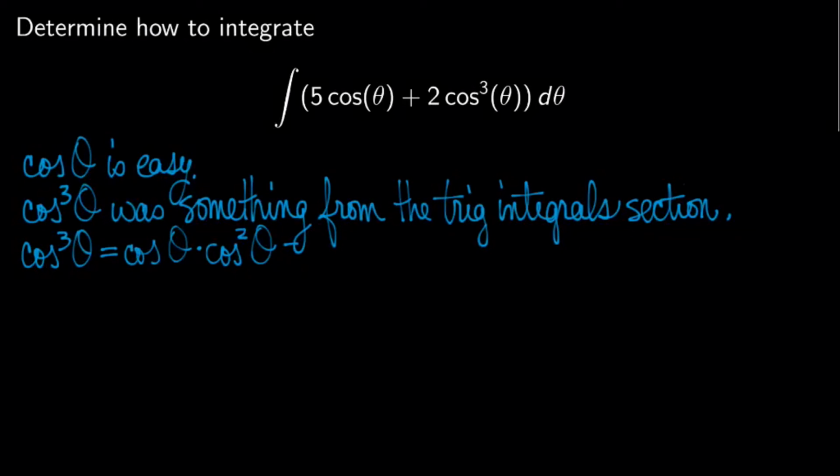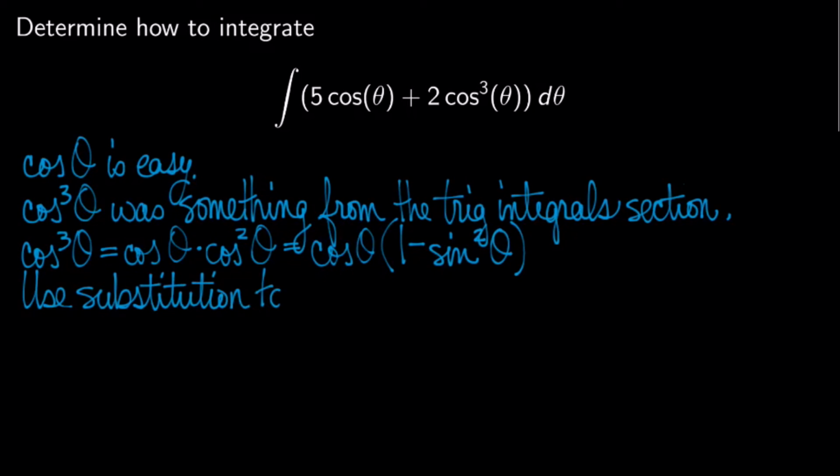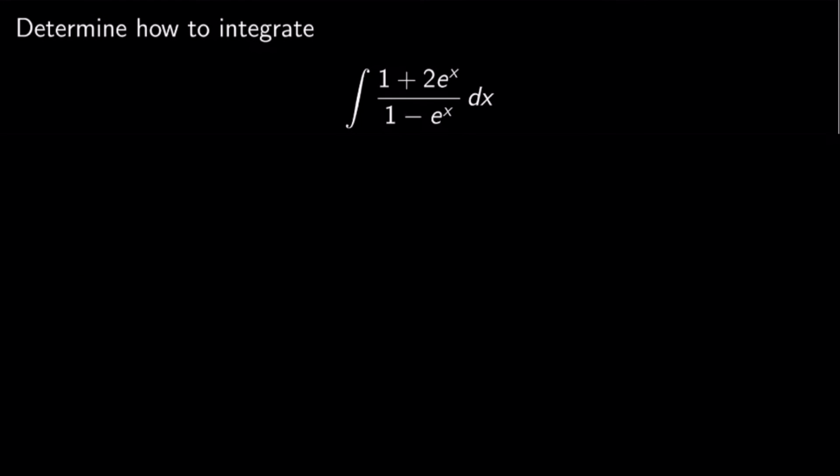And then you take this cos squared theta and you rewrite it as 1 minus sine squared theta, using that identity that sine squared plus cos squared equals 1. And this is great because you will be able to use substitution to finish this integral.